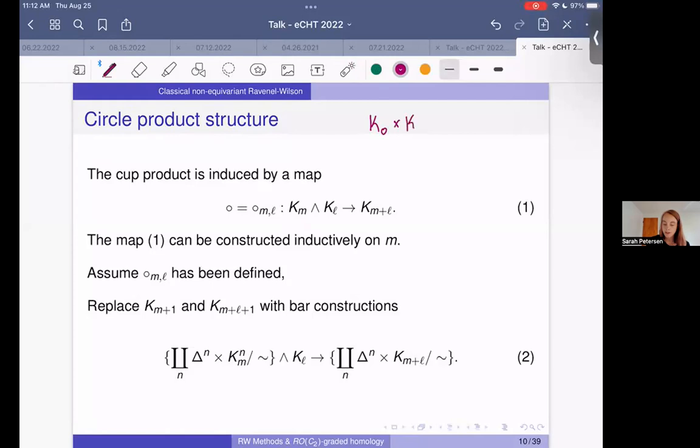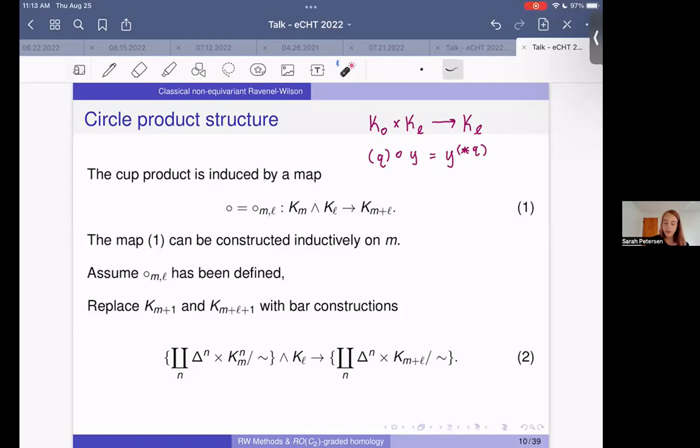So that's going from K0 cross Kl to Kl. And K0 is simply Fp. So that will be some number circled with some point in Y. And this will be simply Y, where you take the star product of itself q times.